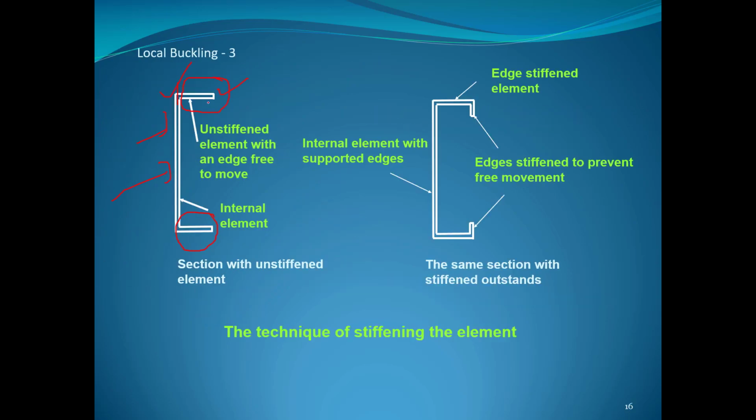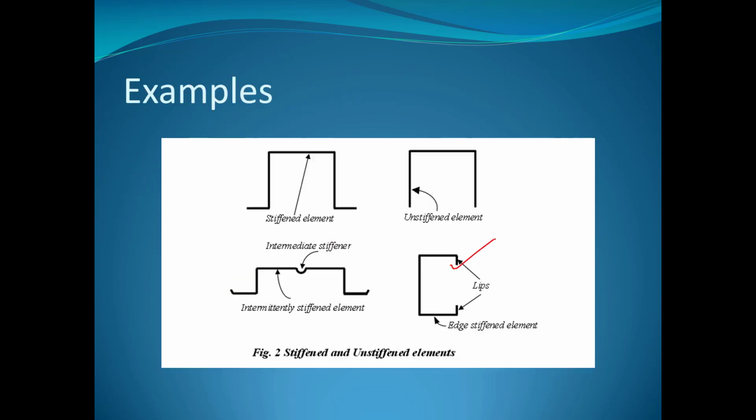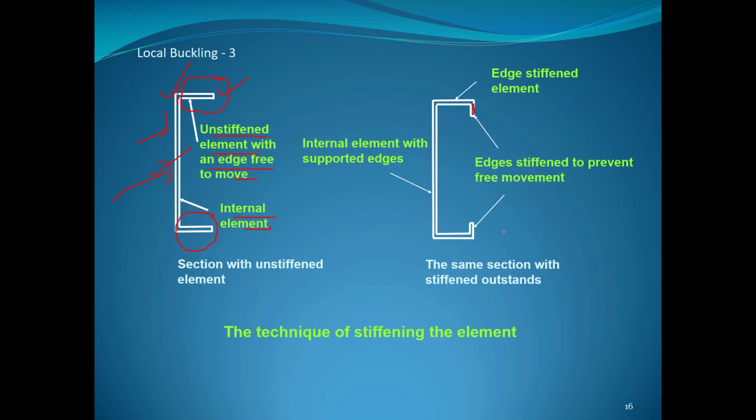This is an unstiffened element with an edge free to move. This is the internal element, and we need to provide the lips as we discussed in the previous slides, like here. So we need to provide the lips to provide the edge stiffening, to avoid local buckling at this element, this plate.